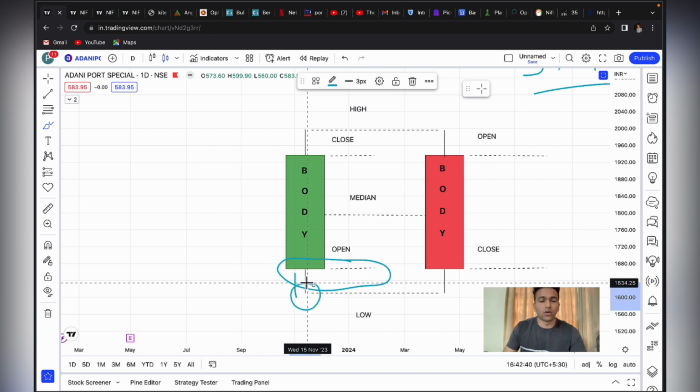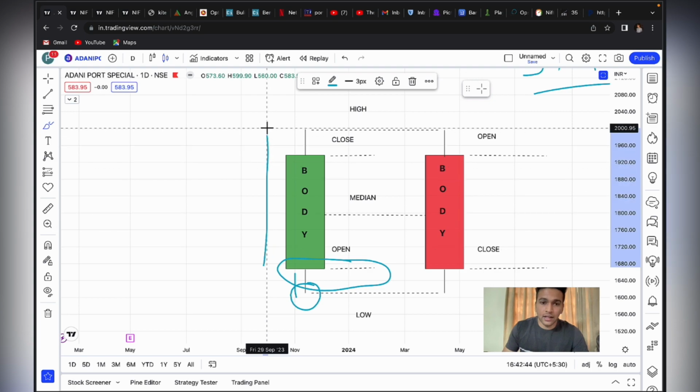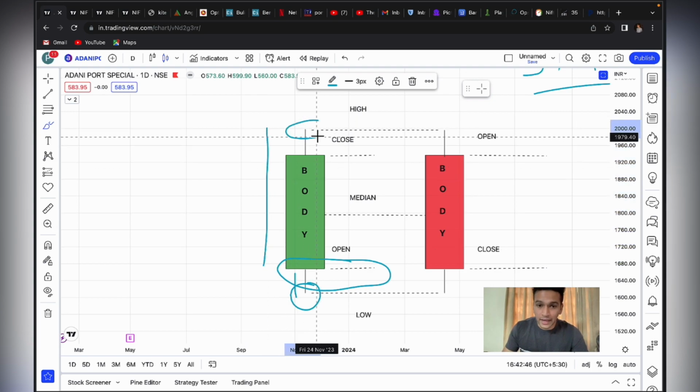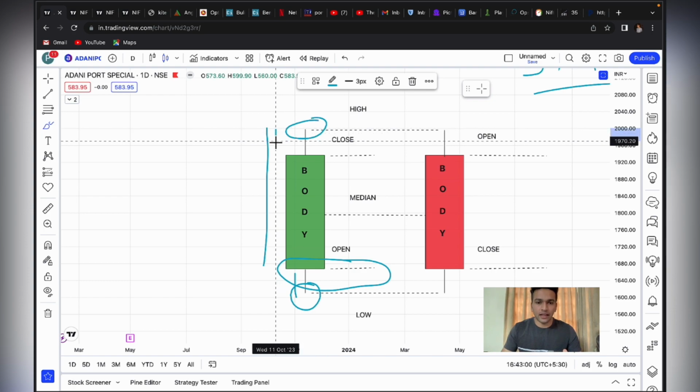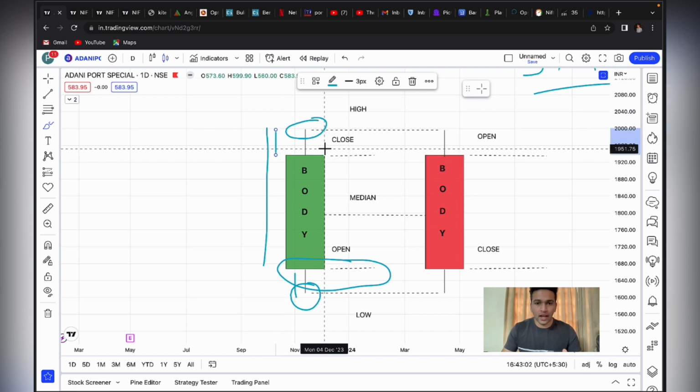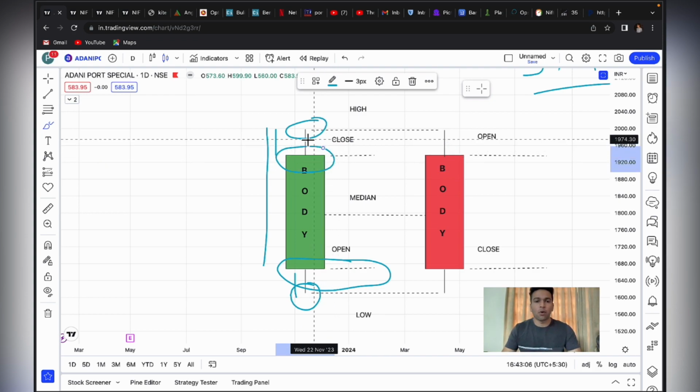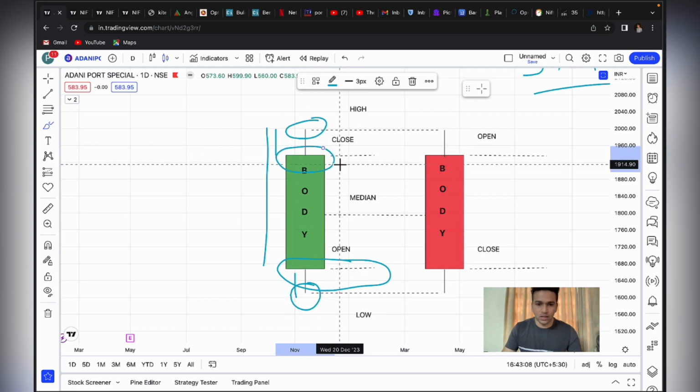This wick is the lowest point this candle got to, and this is the highest point this candle got to on a 5 minute period, because we are assuming that we are on a 5 minute chart. The candle came all the way down and closed here. This is the point where the candle closed.